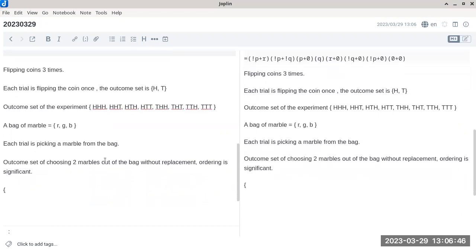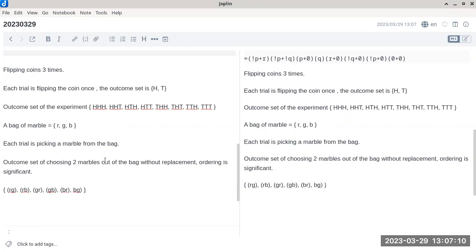Can someone tell me what the outcome set is going to look like? Red, green, then red, blue, then green, red, then green, blue, then blue, red, then blue, green. Yep, that is correct.